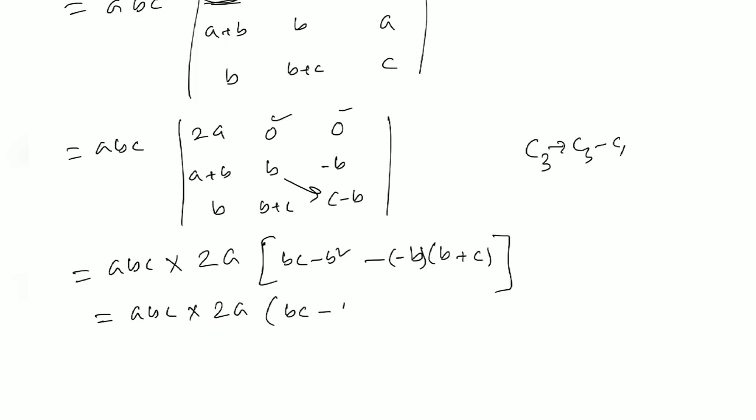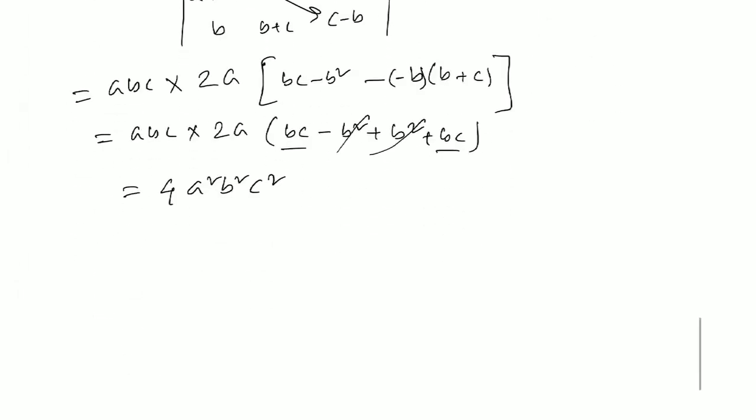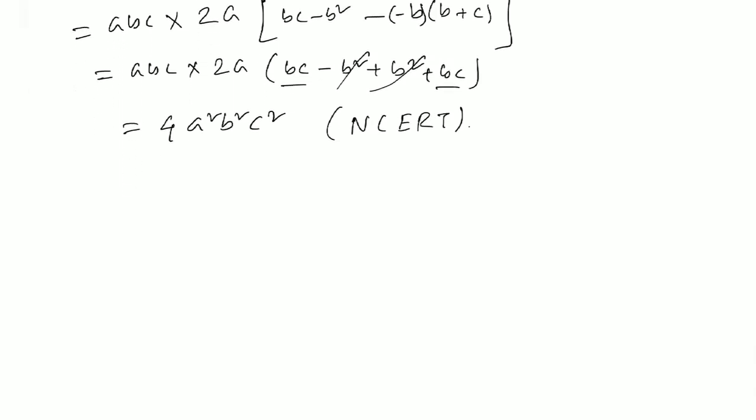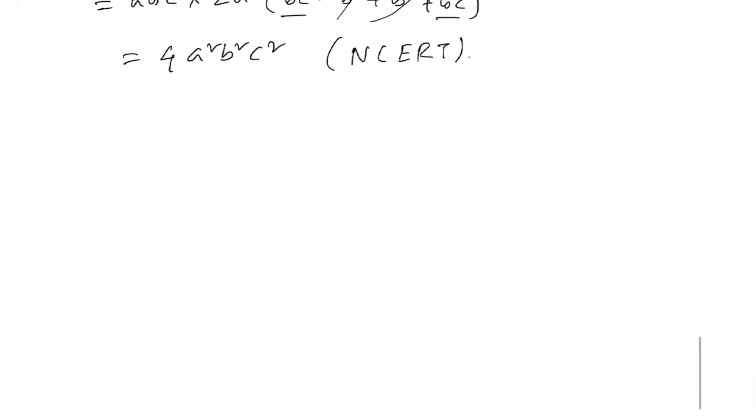So you have bc minus b square plus b square plus bc, so there is 2bc, and you have 4a square b square c square. So this is the result. Sometimes it is given in the book to prove that this determinant is equal to 4a square b square c square. This can be found in the NCERT book also.